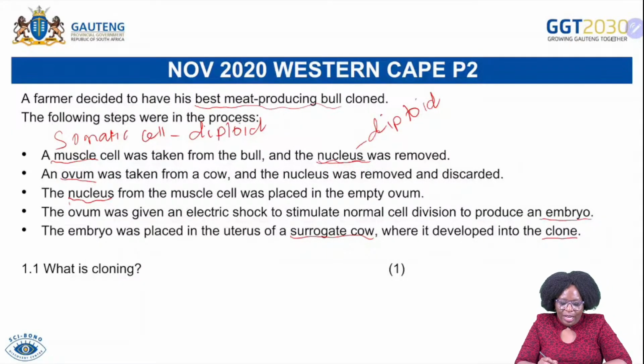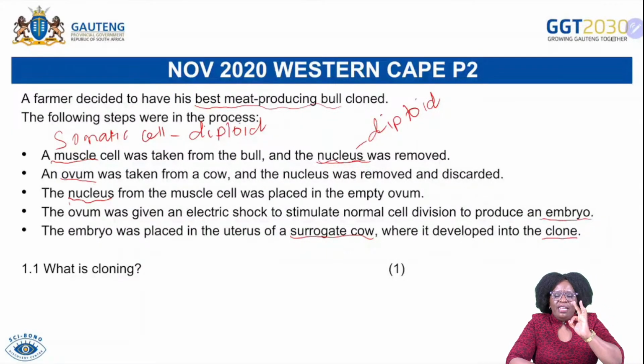So in other words, you see that we've got 3 individuals that were involved in this whole process. 1, the bull. What was taken from the bull? It's a muscle cell, which is a somatic or body cell with double the number of chromosomes. The nucleus has got double the number of chromosomes. The nucleus is removed and kept.